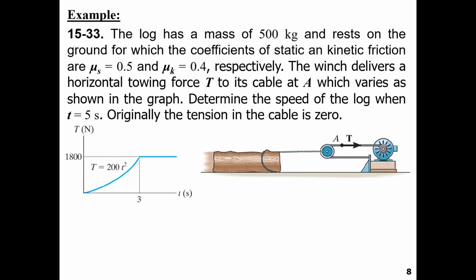So you have your log pulled by this pulley and electromotor. Mu s is 0.5, mu k is 0.4. As you see, the kinetic friction is slightly less than static. The mass is 500 kilogram.